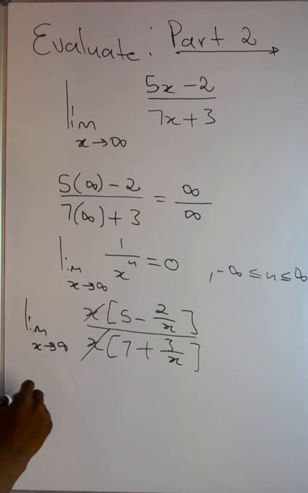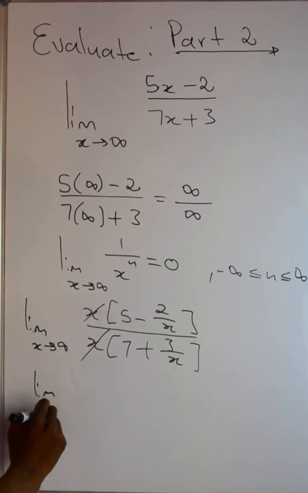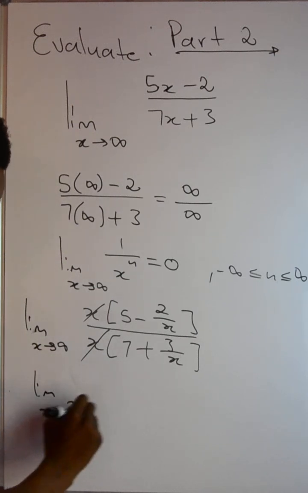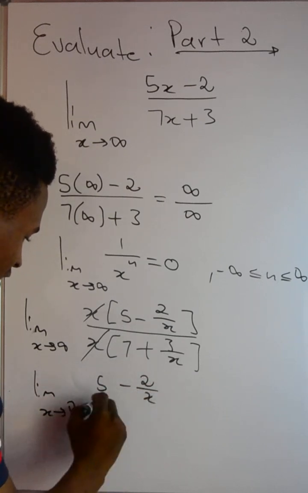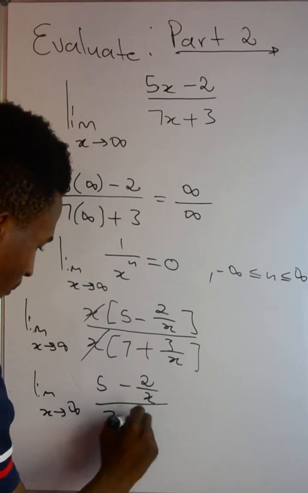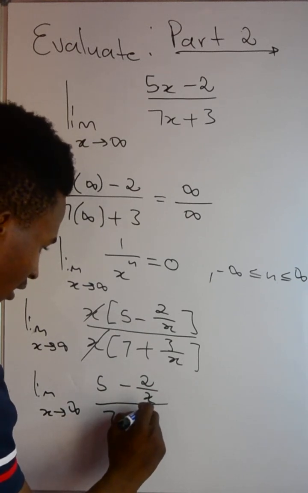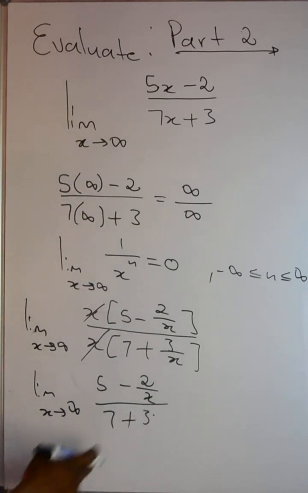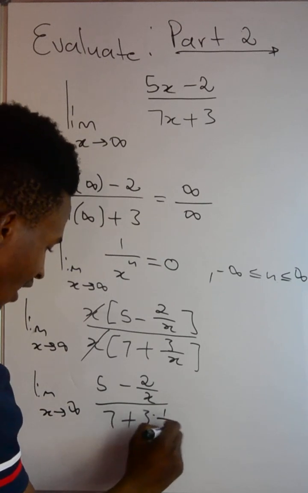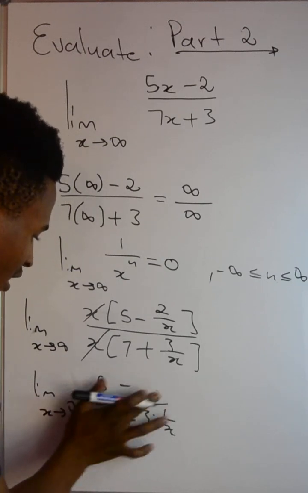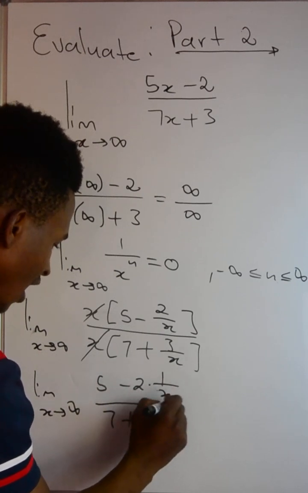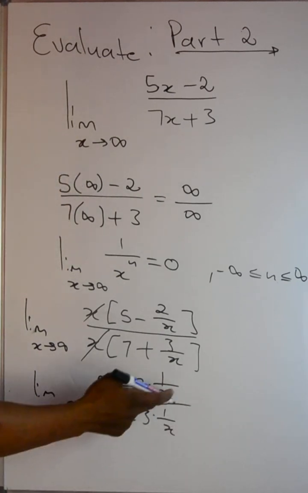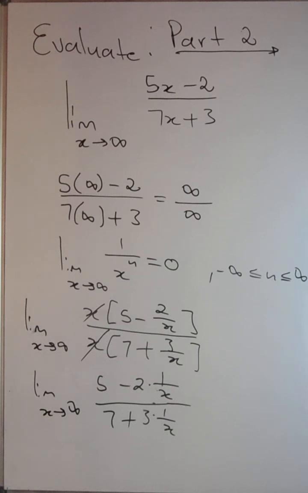So we are going to have the limit of x approaching infinity of 5 minus 2 over x, all over 7 plus 3 over x. This is the same as 3 times 1 over x, and here it is the same as 2 multiplied by 1 over x. So we can see that our n is actually 1.